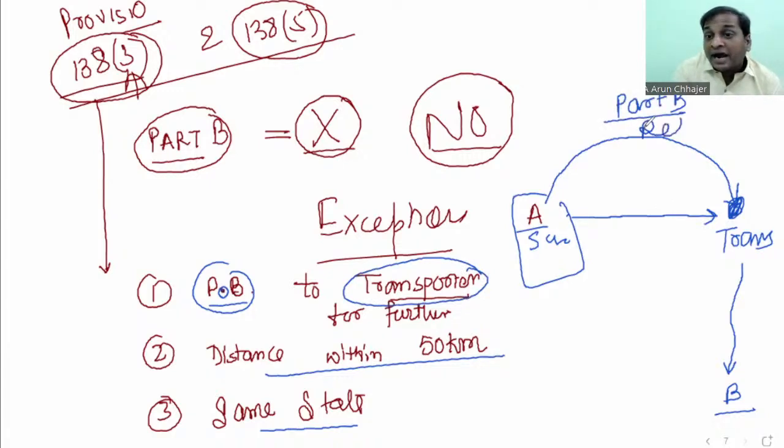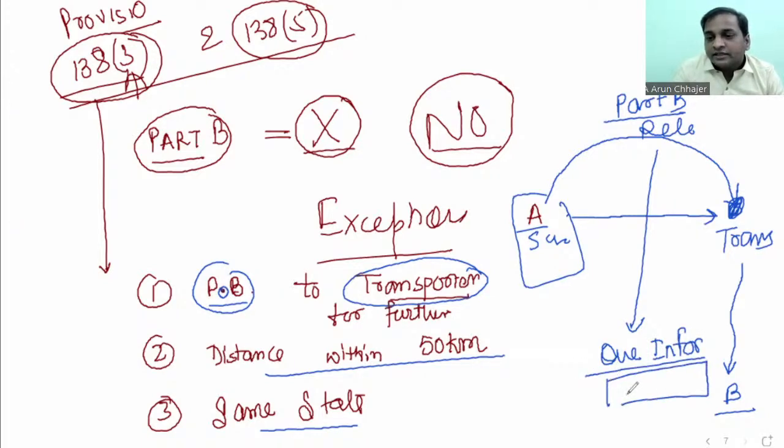And if Part B is relaxed, one information becomes mandatory. What is that information? GSTIN number or transporter ID.